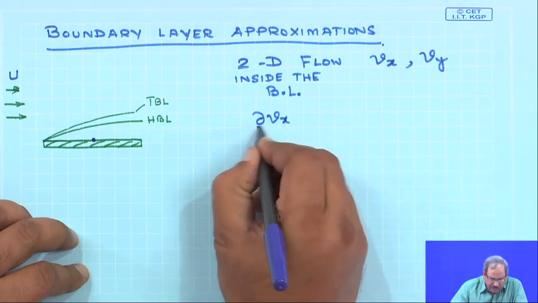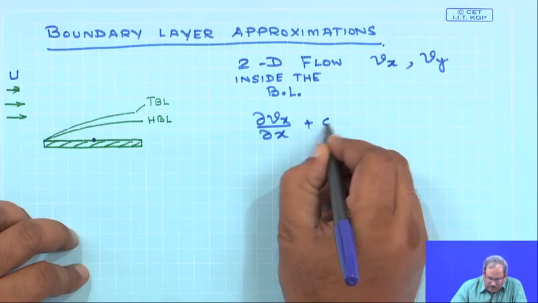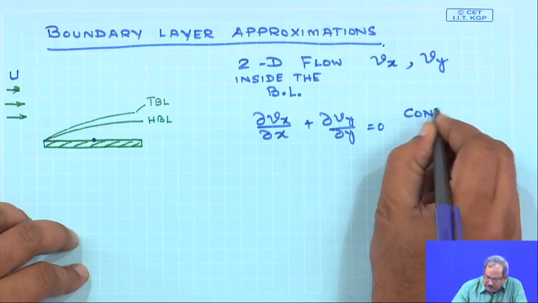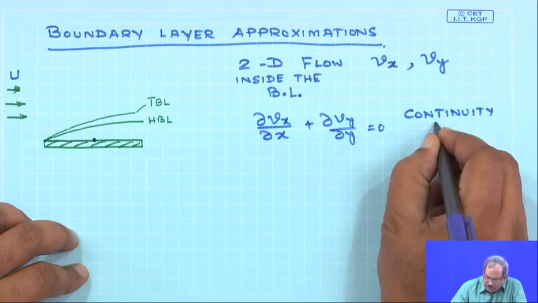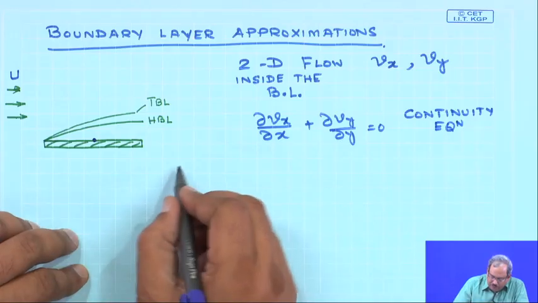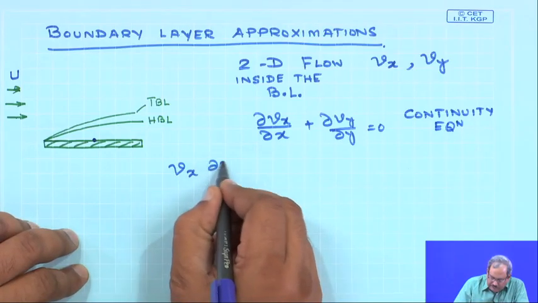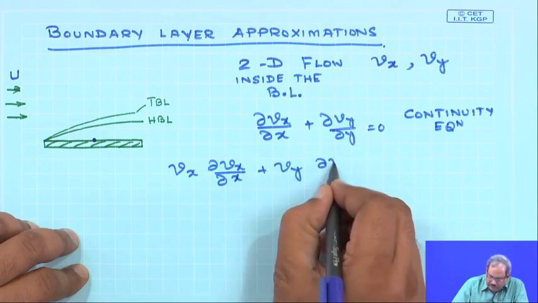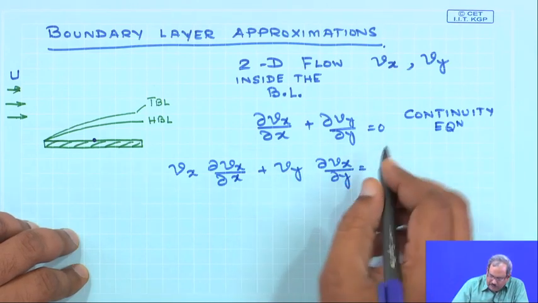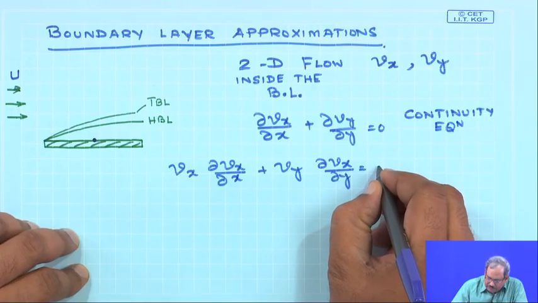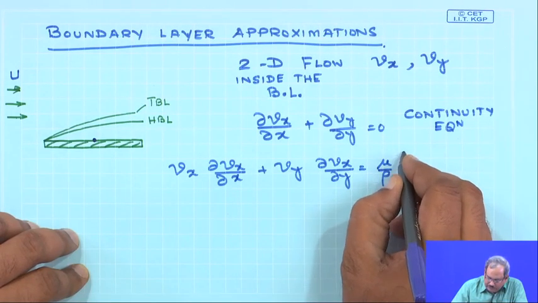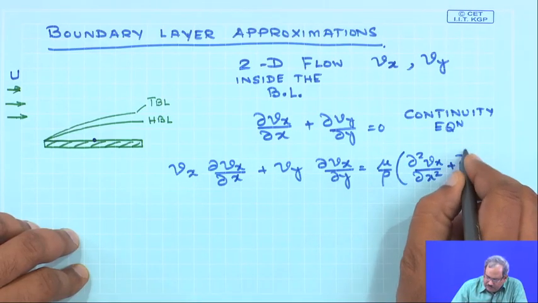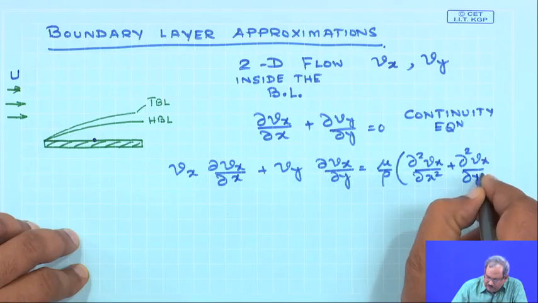So, the equation of continuity would simply give you del Vx by del x plus del Vy by del y equal to 0. So, this is your continuity equation, and the momentum equation is Vx del Vx by del x plus Vy del Vx by del y equals kinematic viscosity, or mu by rho, times del square Vx by del x square plus del square Vx by del y square.